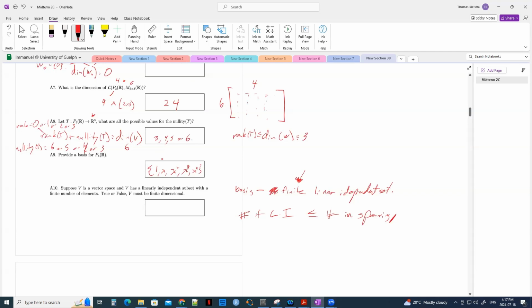If I told you a finite spanning set, every linearly independent set has to be smaller. We have a bound. Here, we don't have a bound. So as we don't have a bound, this would be false. There's no reason why we have to have a finite spanning set. We could still have an infinite spanning set.